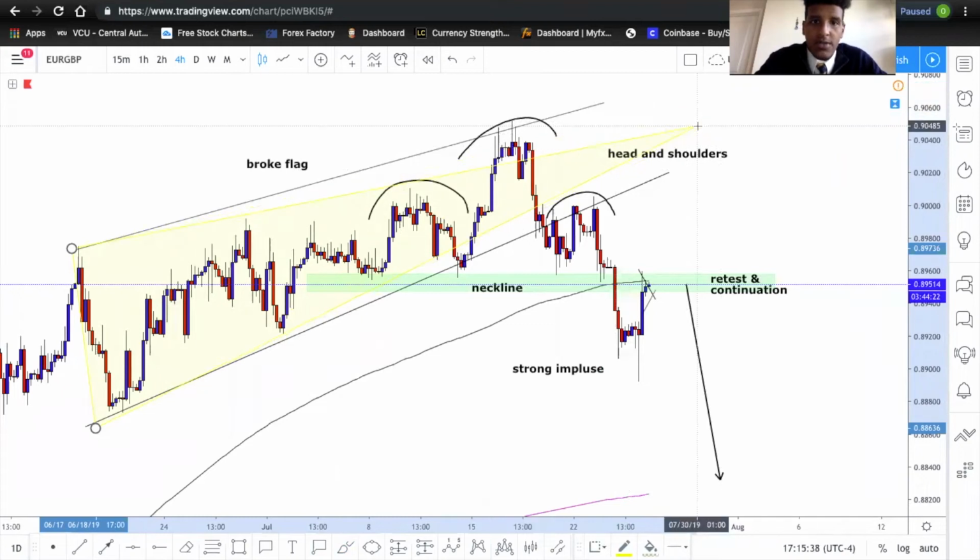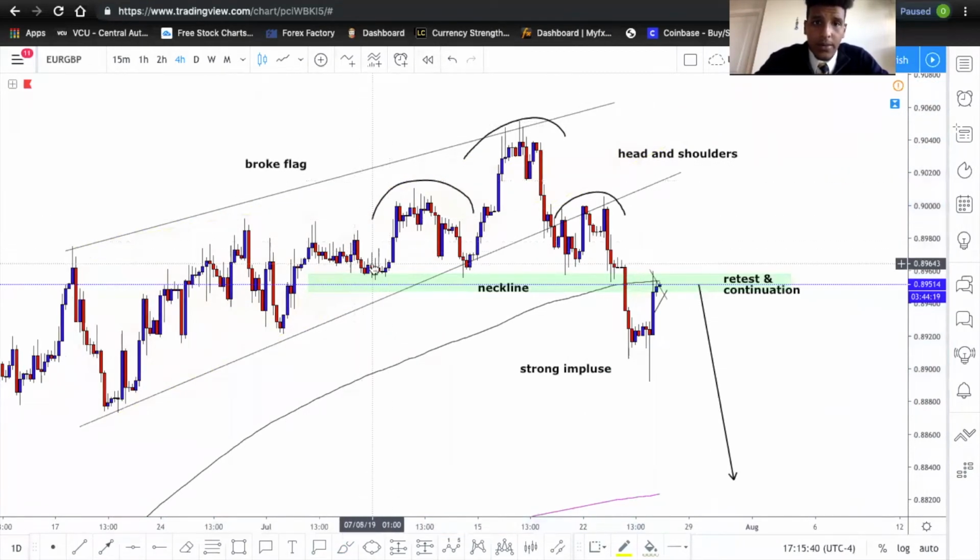When it did break, we had a strong impulse flag correction, which ended up retesting the other side of our trend line. Then we had another impulse, and keep in mind, from this swing to this swing, it was a 61 retracement. Another impulse retest, so we got off this 61 retracement, and it is our neckline.